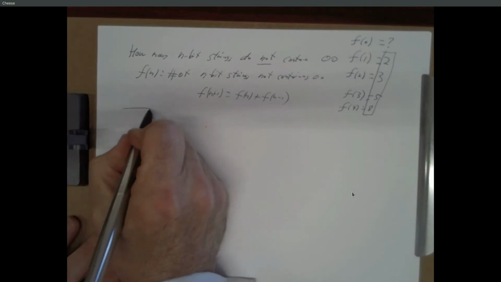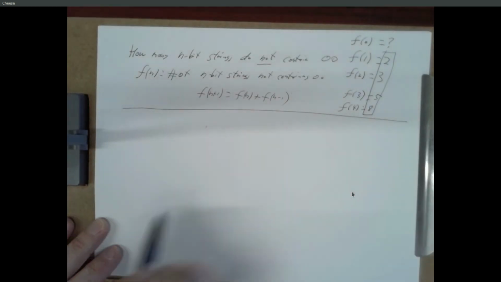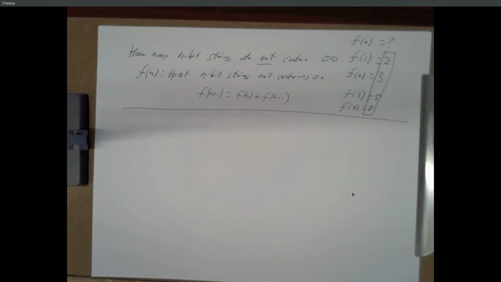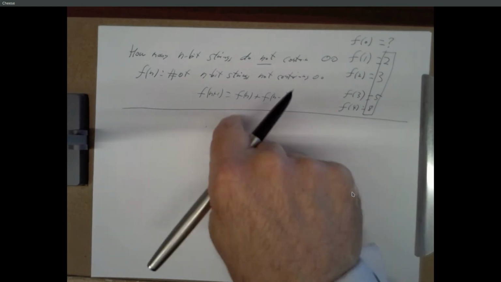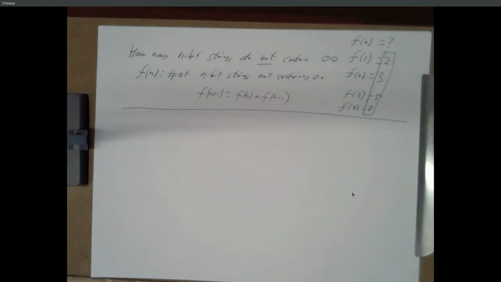And let me give you one weird thing. We can prove this, but we're not going to. There is a way to solve this recurrence relation and come up with an expression for the nth Fibonacci number. And it's a little bit weird.